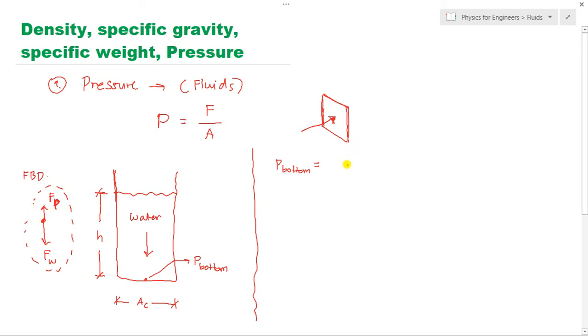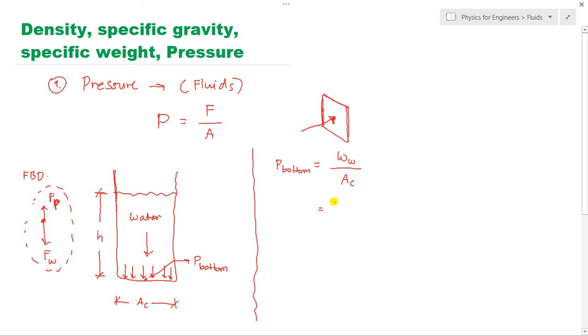So therefore, pressure at the bottom is just equal to the force exerted by the water, or just the weight of the water, W of the water, weight ha, and then over the cross-sectional area. Okay, cross-sectional area, right? We are at the bottom, it exerts on the bottom, so our reference frame is the bottom.